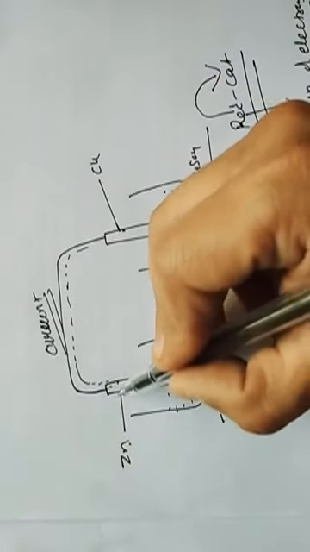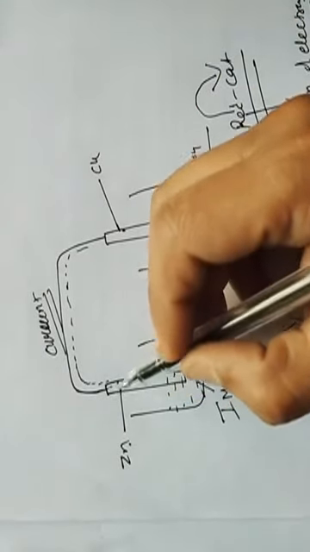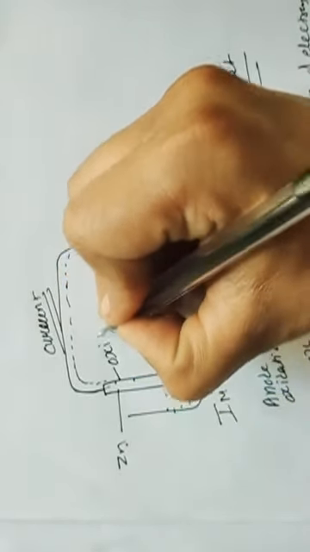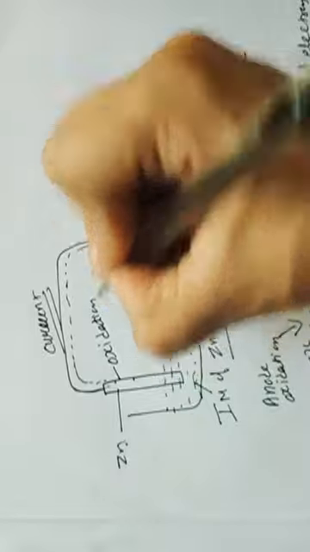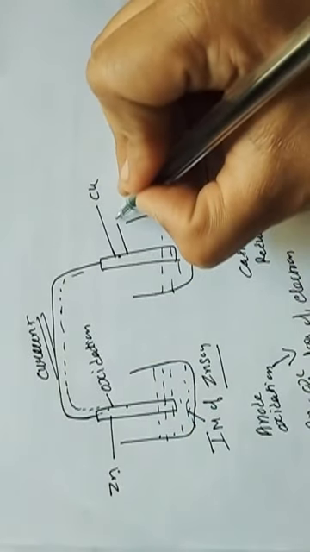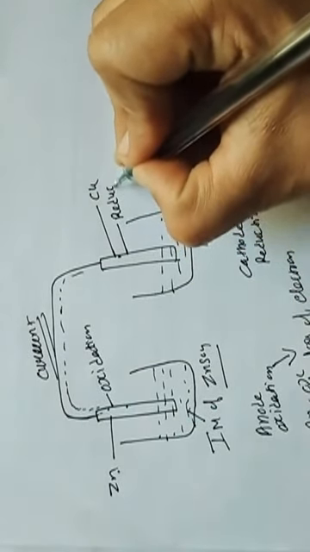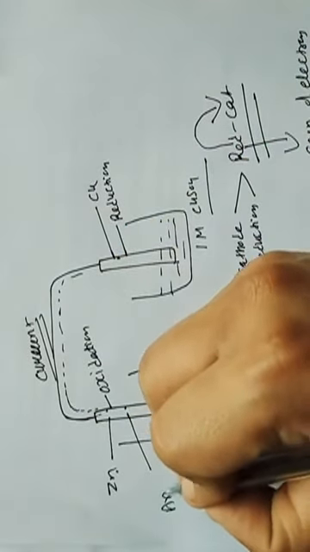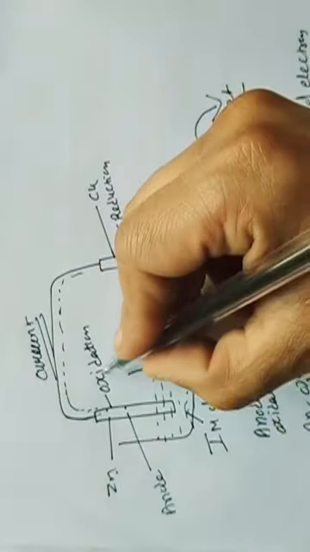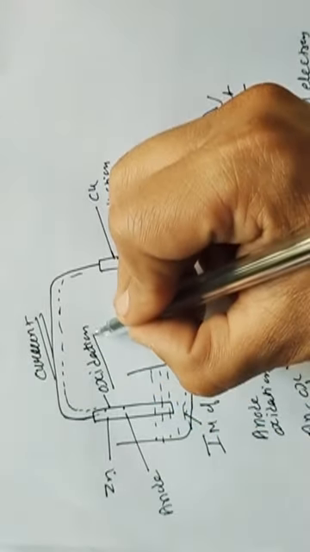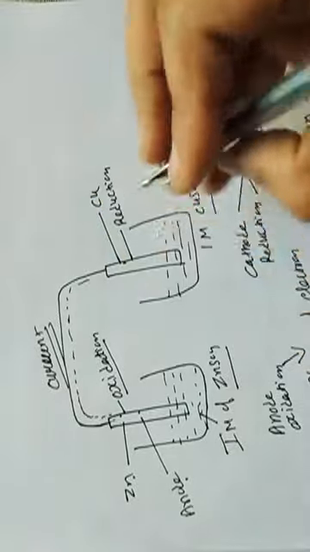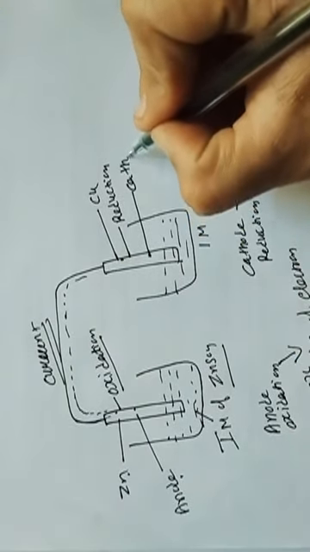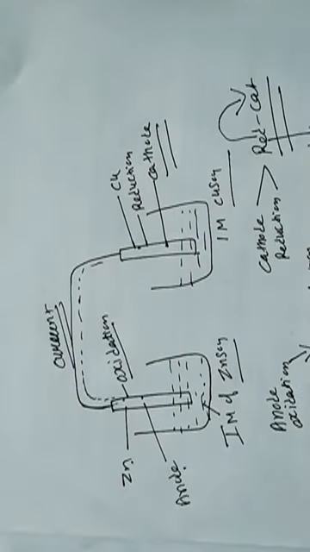You can see zinc is losing electrons because it is more reactive, and because it is losing electrons, what's occurring here? Oxidation. And in copper what's occurring? Reduction, because it is gaining electrons. Here oxidation is taking place, that's why it is anode, and here reduction is taking place, that's why it is cathode.